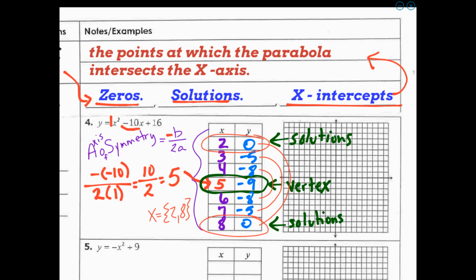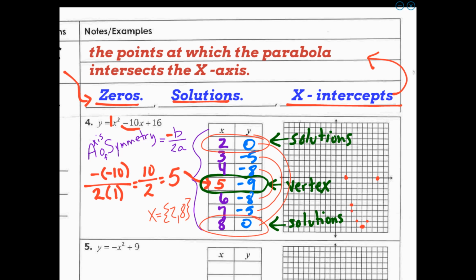So if you graphed it, then you would have intersections at 2 and 8. And your vertex is down here at 5, -9.